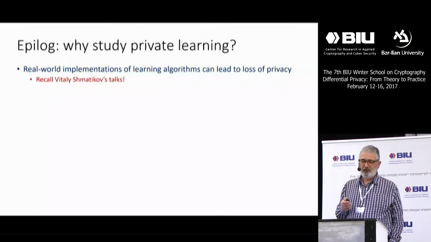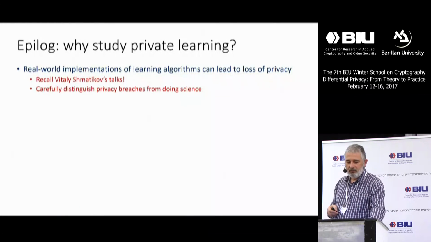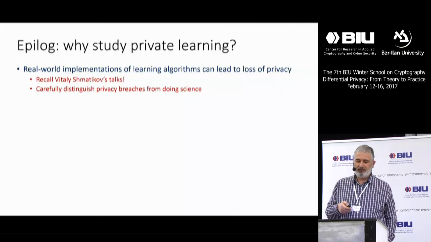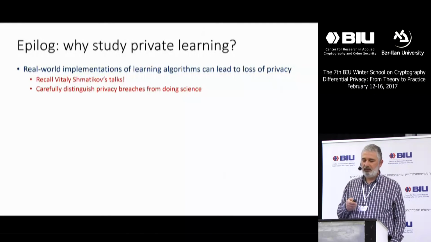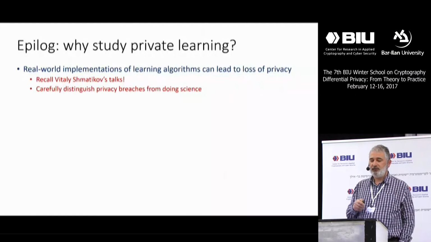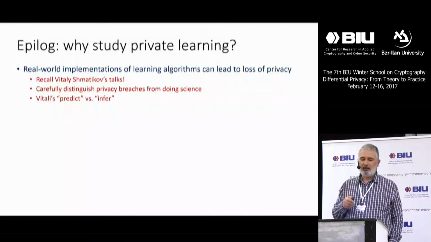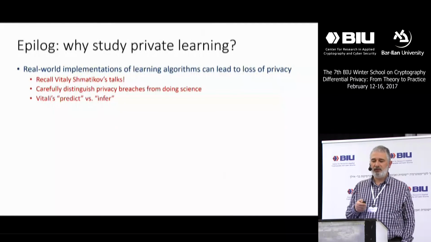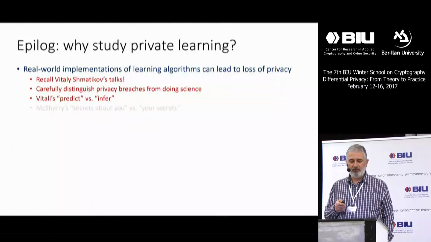So recall his talk. Also, let me repeat a few points that he made really beautifully. We have to distinguish carefully between what is a privacy breach and what is not a privacy breach. I liked Vitaly's distinction of prediction of and inference about individuals.